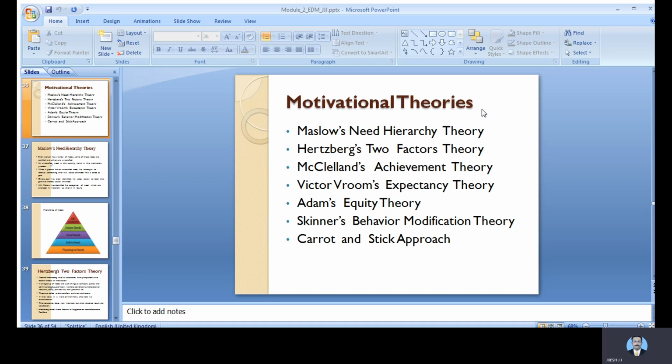Here we'll be discussing Maslow's need hierarchy theory, Herzberg's two-factor theory, McClelland's achievement theory, Victor Vroom's expectancy theory, Adams' equity theory, Skinner's behavior motivation theory, and the characteristic approach. We'll not be discussing all of these. We'll mainly focus on Maslow's need hierarchy theory and Herzberg's two-factor theory.